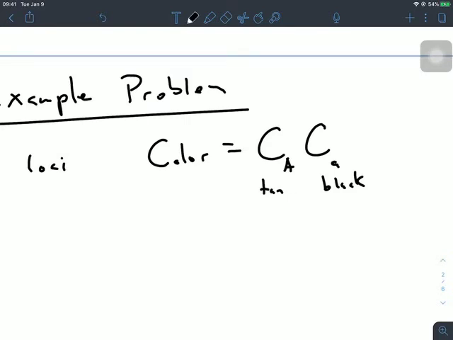And then there is the control. We're going to label it our epistatic controller. And the epistatic controller is either on or it is off, the two different alleles here.